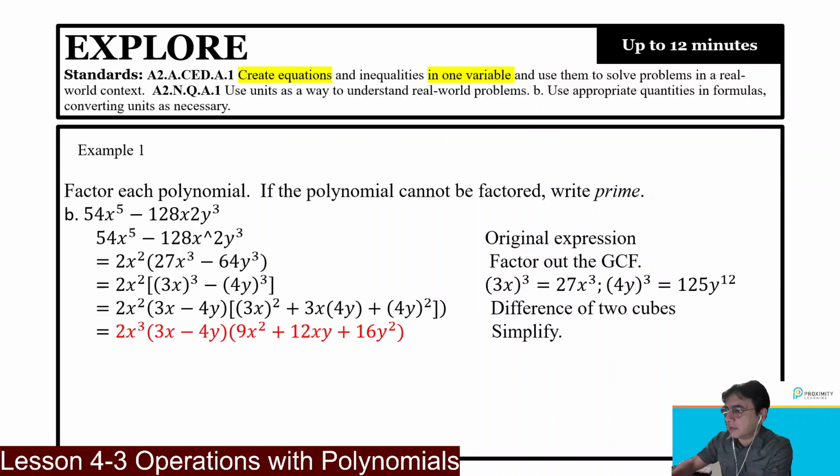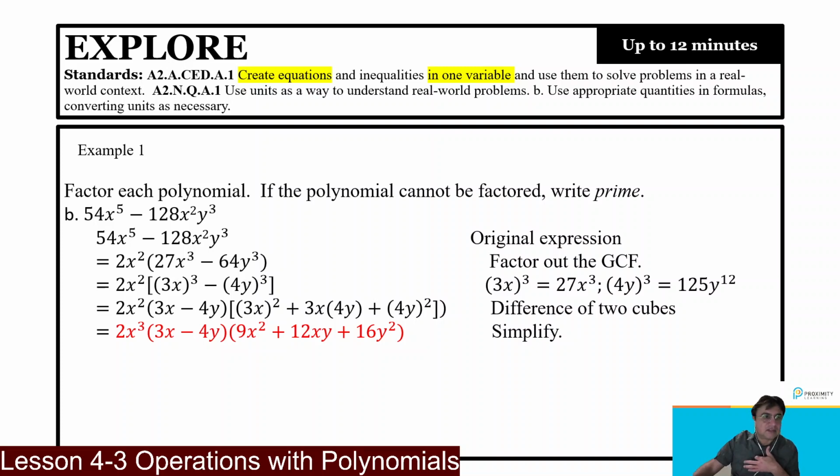Okay, let's see if we can fix this to be an exponent. All right, so we'll make it superscript. There you go. So I'll copy this right over here as well, and we'll delete this so that we can have it nice. All right, that was an oversight. Now it's fixed. Okay, so we have 54x to the 5th minus 128x squared y cubed.